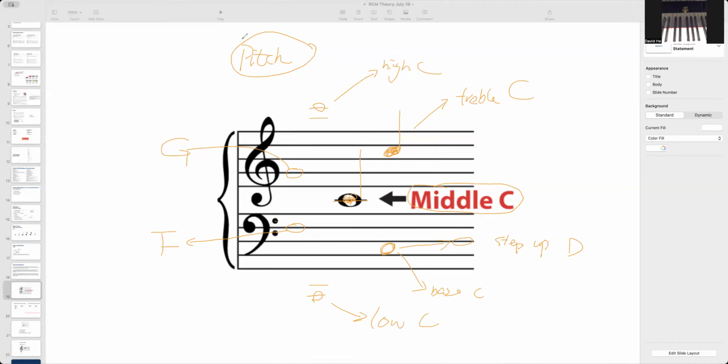We have a major second or minor second, but they are all called second. A skip is from a line to a line or a space to a space.